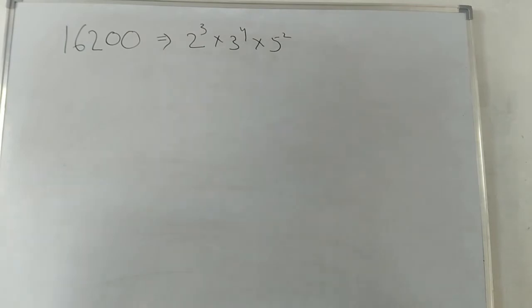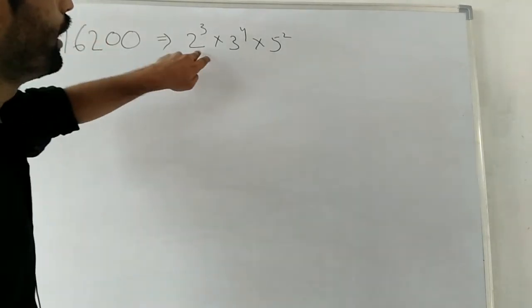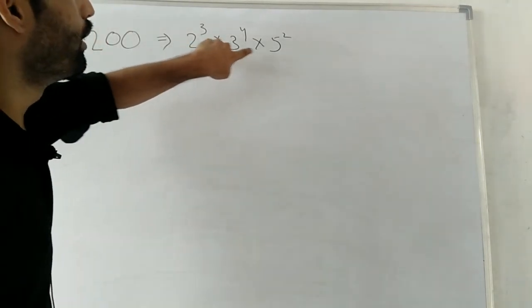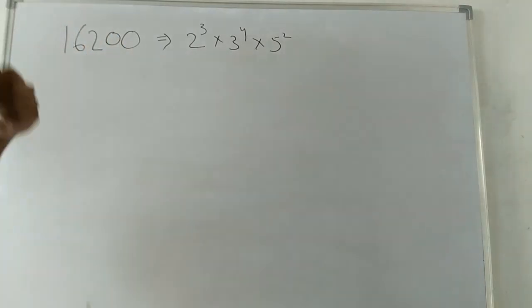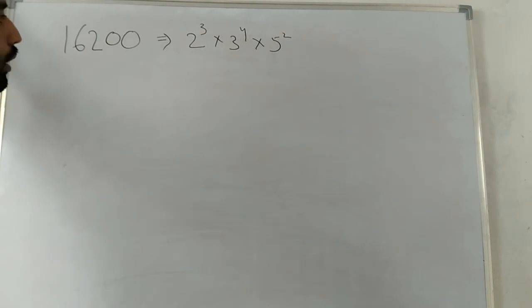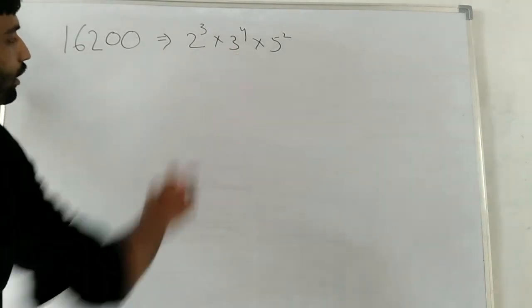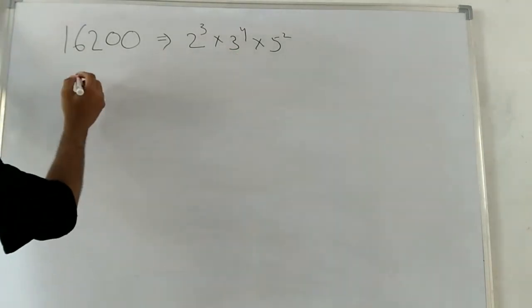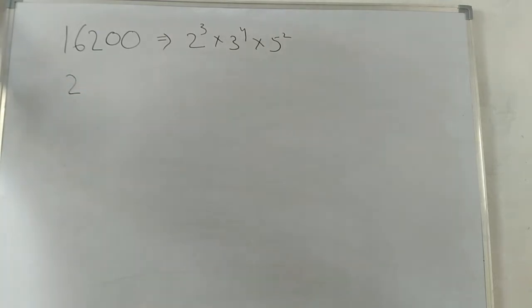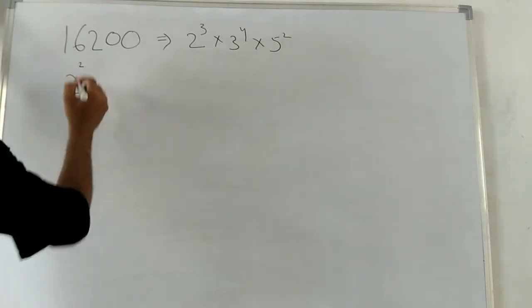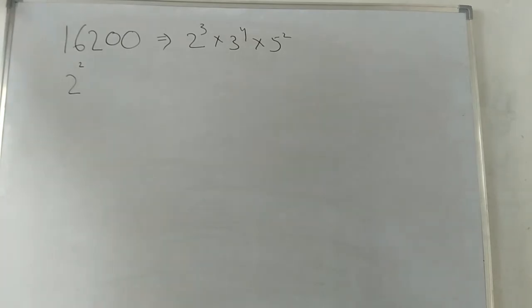As we can see that I have separated them in prime numbers. 2, 3 and 5 are prime numbers. So now we will see the divisors. The divisors are the numbers which can divide this number. So 2 will be a divisor. 2 to power 2 will also be a divisor of this number.